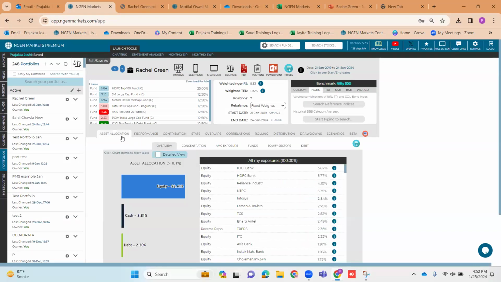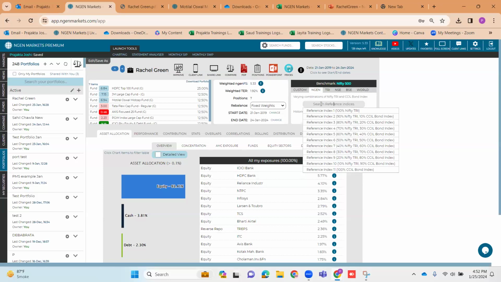Sure. We don't make the benchmarks, the benchmarks we create are not driven by the category allocation of the portfolio. Even the benchmarks that we've created here are very general benchmarks, where it's 90% equity, 10% debt, or 80% equity, 20% debt.